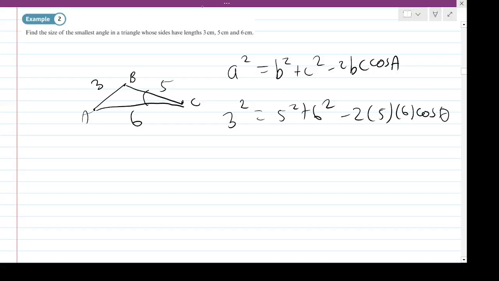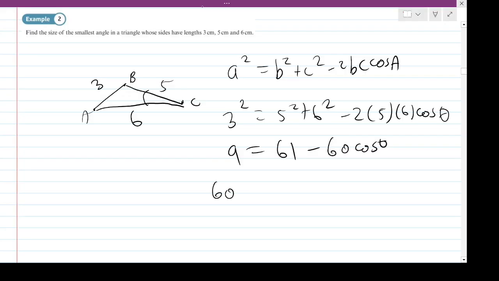So, well, 3 squared is 9. And then 5 squared and 6 squared, that's going to be 61. Take away 2 lots of 5, lots of 6, so minus 2 times 5 times 6 is minus 60 cosine of theta. So then I can just get cosine of theta then.